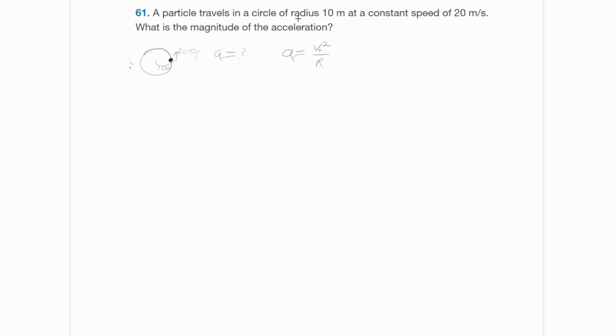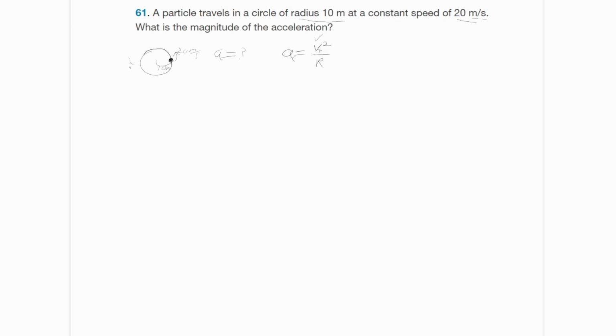And we know the radius, so that's great. By this constant speed, since they give it in meters per second, we know it's not an angular velocity, but instead the magnitude of the tangential velocity. So in other words, if you were to make velocity a speed by not having a direction, what would the value of it be? And here it would be 20.